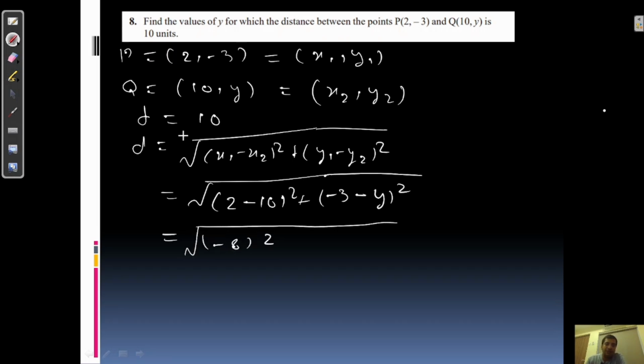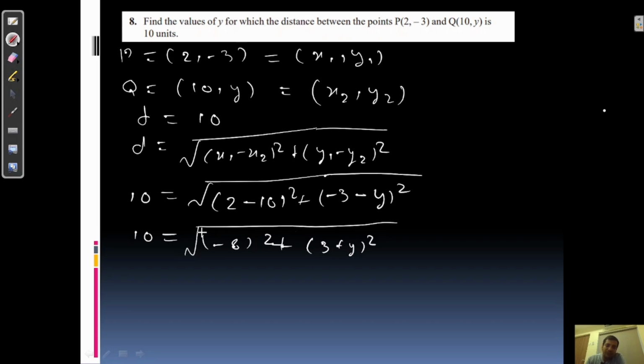Okay, one thing I forgot, the distance they have given is 10. Let us see, it is 10, plus, I am solving it, (-3 minus y) whole square, let us say (3 plus y) whole square. Okay, in the next line I am writing it, so you will not get confused.